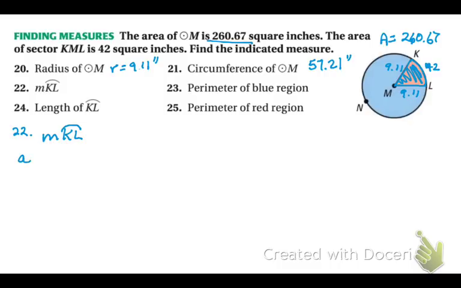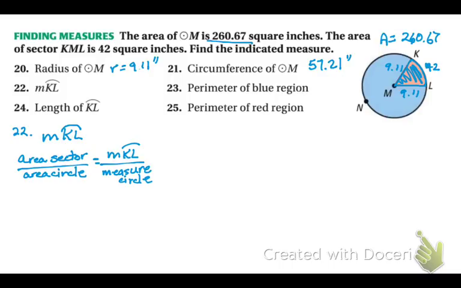So we have the area of the sector over the area of the circle, the part over the whole, is equal to the measure of the arc, which is KL, over the measure of the whole circle. We're looking for the measure of KL.